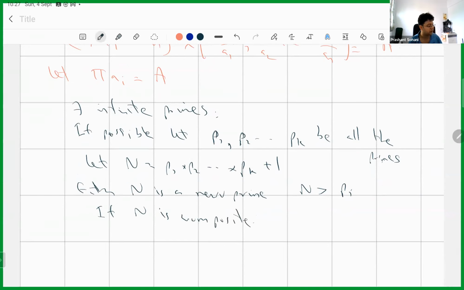If n is composite, there exists some prime which divides n, and that prime is already in this list. So you can see that this will imply that p divides 1, which is a contradiction. So either way, we come to the contradiction that there cannot be finitely many primes. Okay. So this is one of the classic proofs by Euclid to show infinitely many primes.